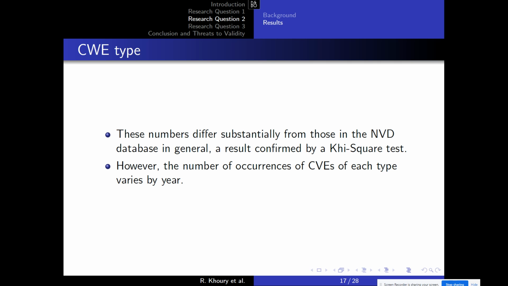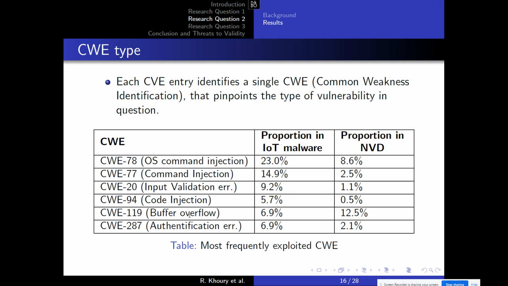There is another threat to validity that I want to discuss at this point, which is that unlike all the other elements of the CVE entry that I mentioned before, the CWE varies a lot from year to year. Some years, buffer overflow might be very frequent, and other years, it might be comparatively rarer.